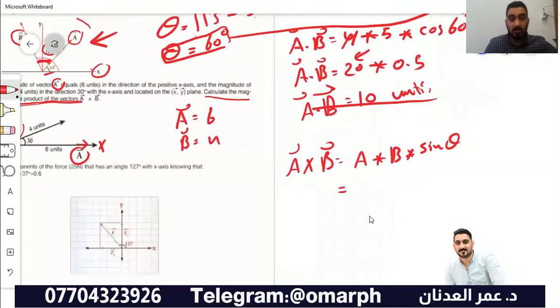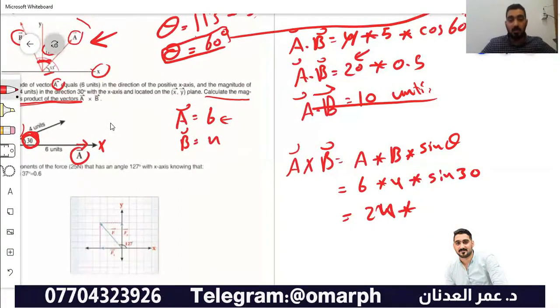Vector A is equal to 6 and vector B is equal to 4, times sine 30 as shown in the figure. Theta is between B vector and A vector, and 6 times 4 is equal to 24, times sine 30, which is half or 0.5.